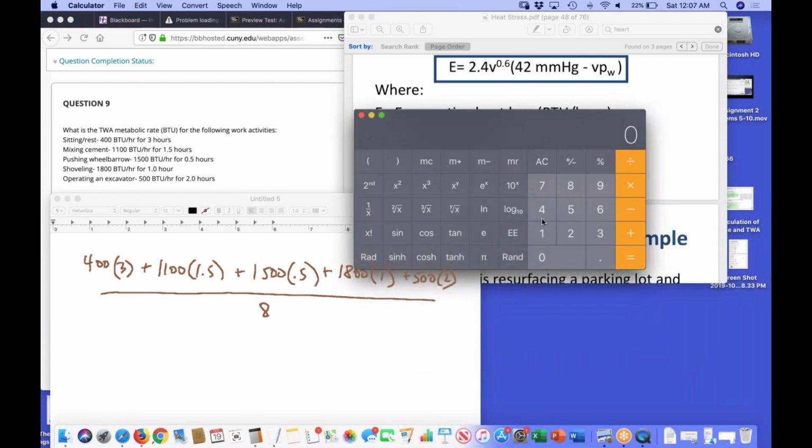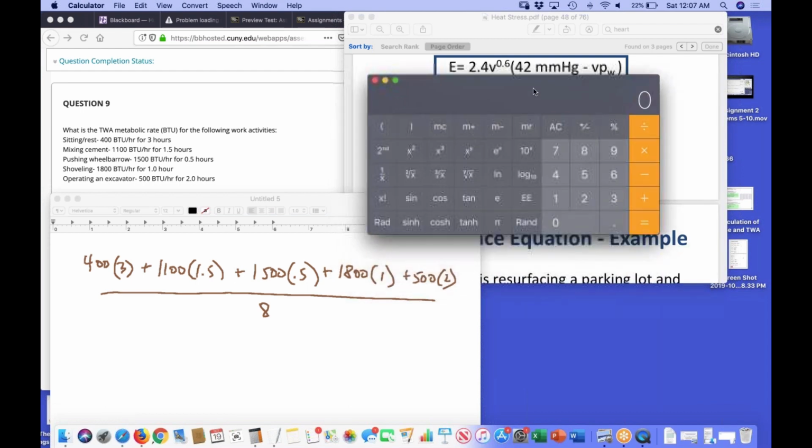Clear, and let's see, 400 times 3, and I'm going to put that into memory. 1100 for 1.5 hours. Add that to memory. And 1500 times 0.5, half an hour. Add that to memory. 1800 times 1.